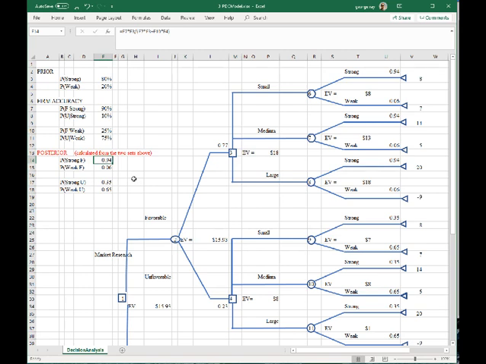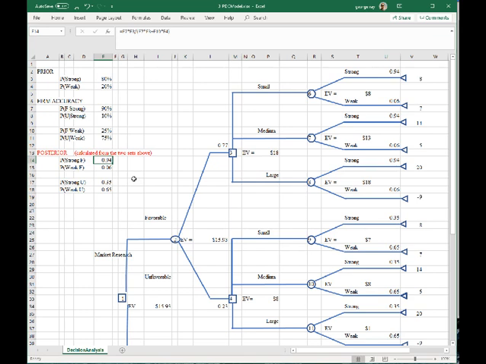It is equal to the probability we have a favorable report given that there's strong demand times the probability that there's strong demand, divided by that very same factor plus the probability that there's a favorable report and we had weak demand times the probability that we have weak demand.